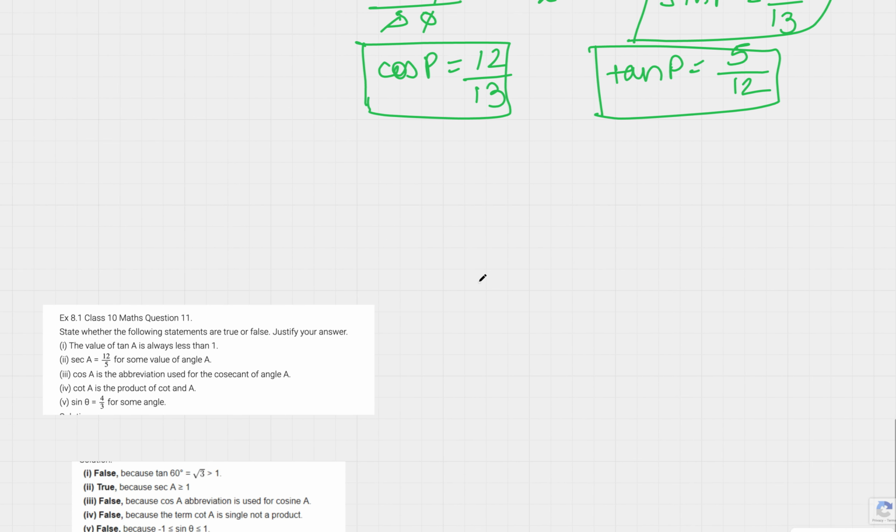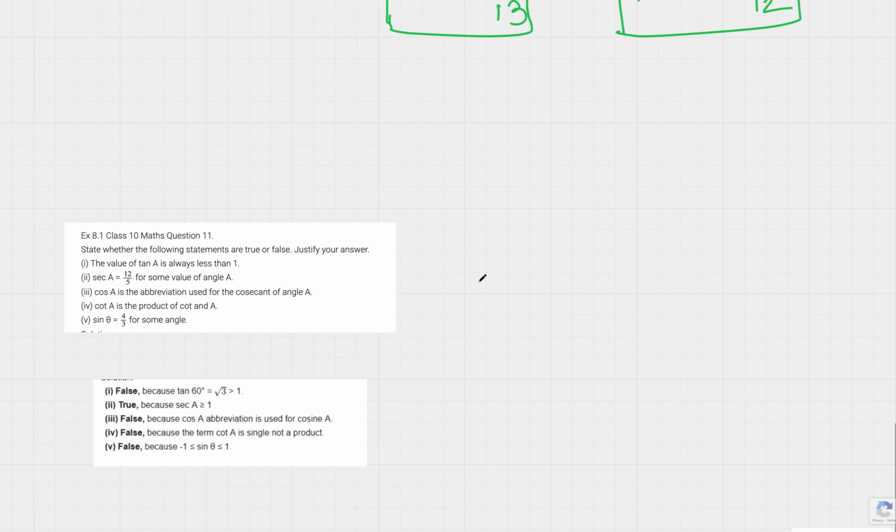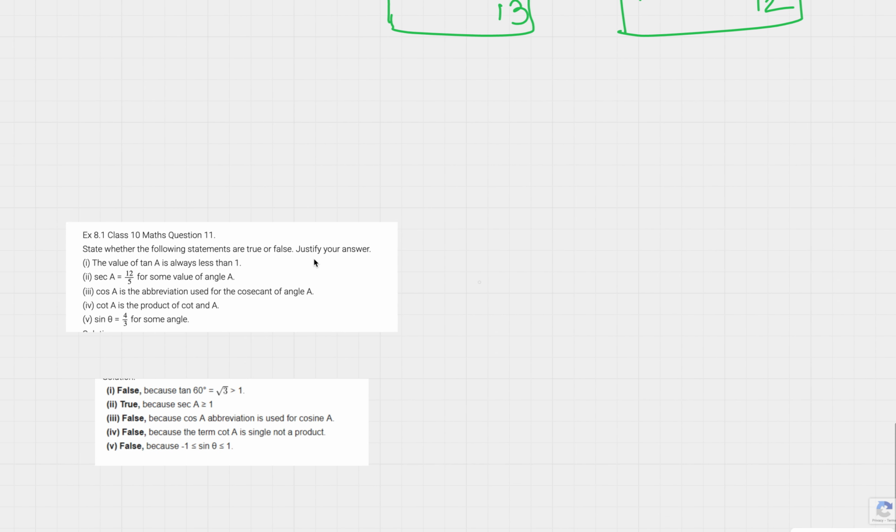Okay, the next question is basically true or false. It's very easy. State whether the following statements are true or false. The value of tan is always less than 1. It is false, because tan 60 is root 3, and root 3 is greater than 1. Sec A is equal to 12 by 5.